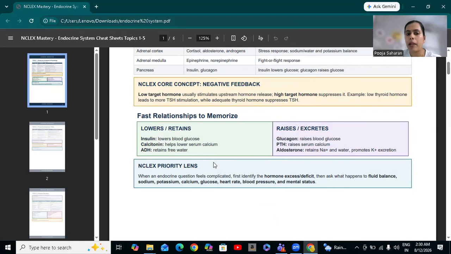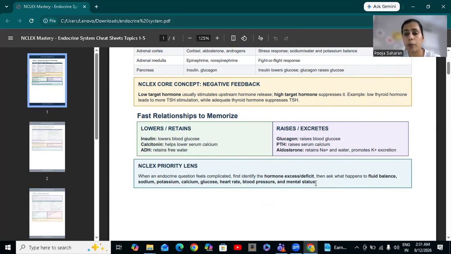So from the NCLEX priority lens, when an endocrine question feels complicated, first identify the hormone excess or deficit, then ask what happens to fluid balance. What is happening to sodium, potassium, calcium, glucose, heart rate, blood pressure, or mental status?